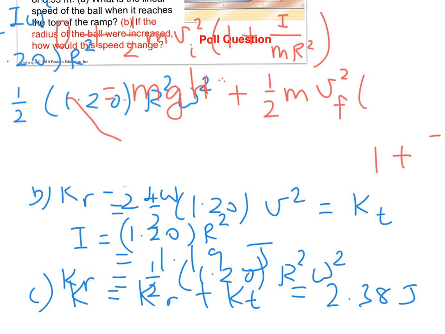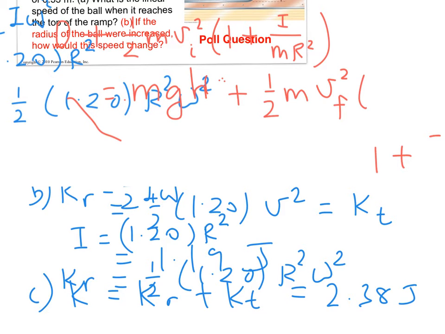Okay. Now this is where you can do algebra. You can just divide both sides by m, and then 1/2 times 7/5 is 7/10. So if you multiply everything by 10/7, you get v initial squared is 10/7 g h plus v final squared.